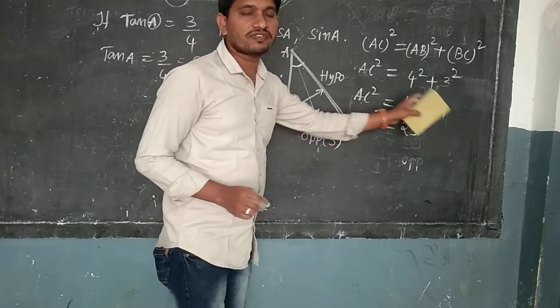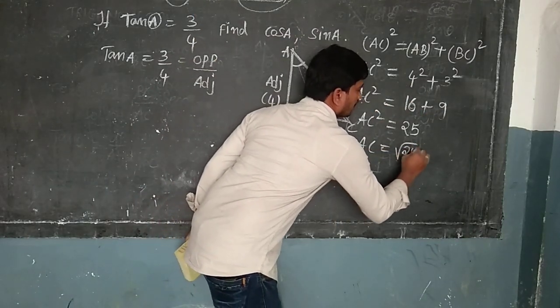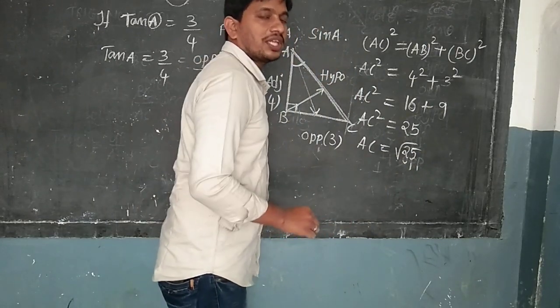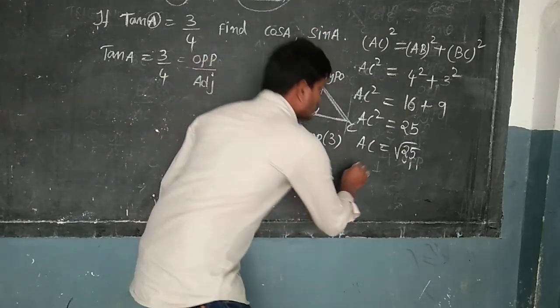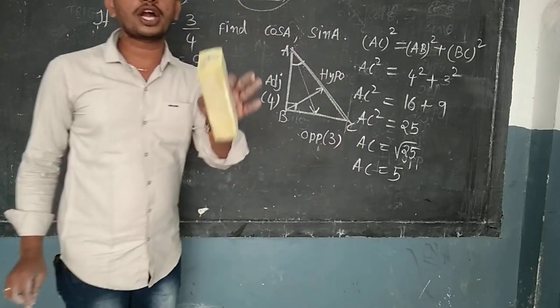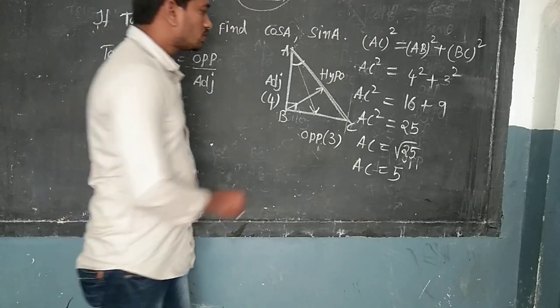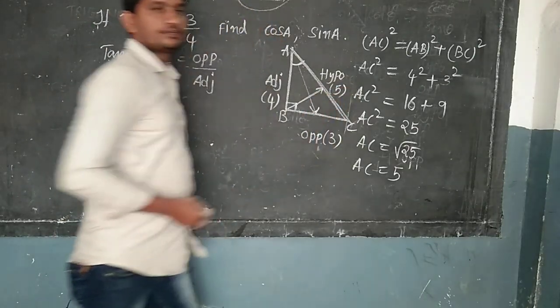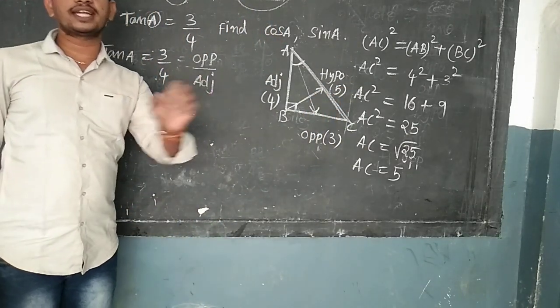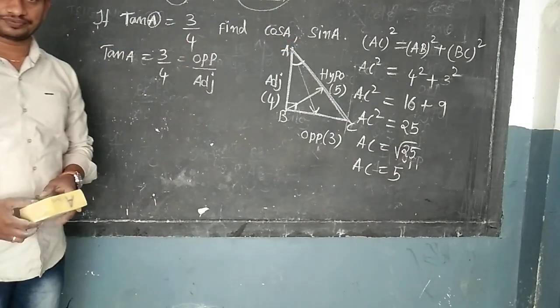Let me transfer this square to the right hand side. It becomes root over 25. What is the square root of 25? Which is equal to 5. Students, we got the third side AC, the hypotenuse, which is 5 centimeters.